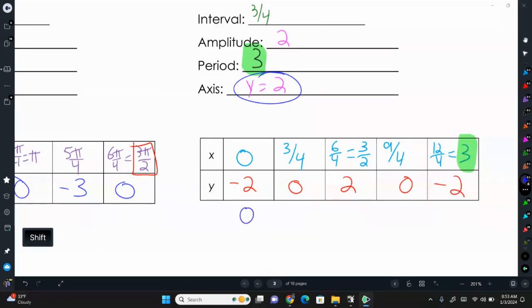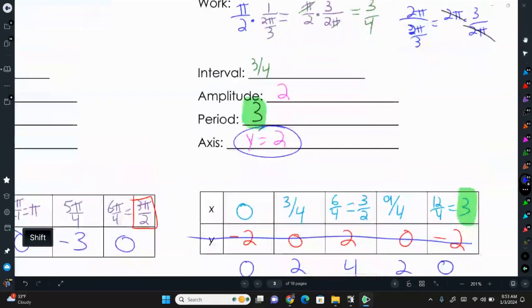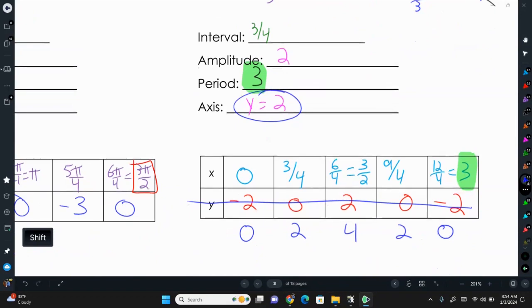So it's going to be 0, 2, 4, 2, 0. And then you could ignore that. Or if you can do that without writing out that third row, if you could just recognize, oh, okay, I'm going to add 2 to all of my y values and just do that from the beginning, that's fine as well.